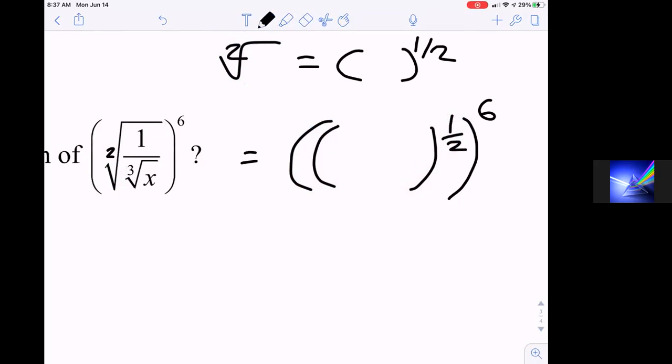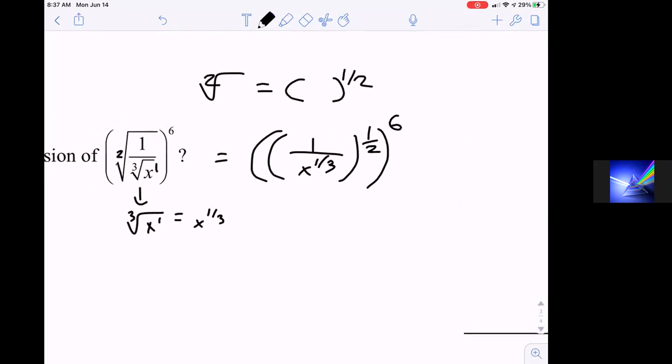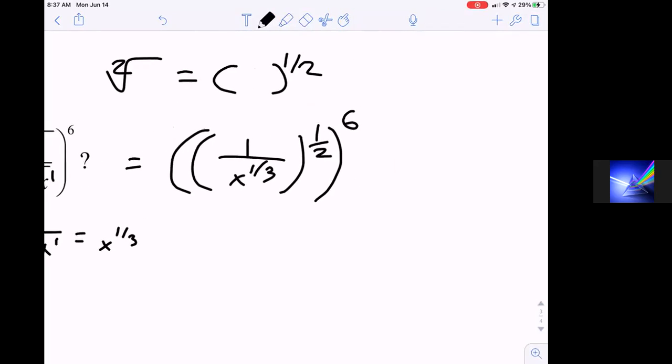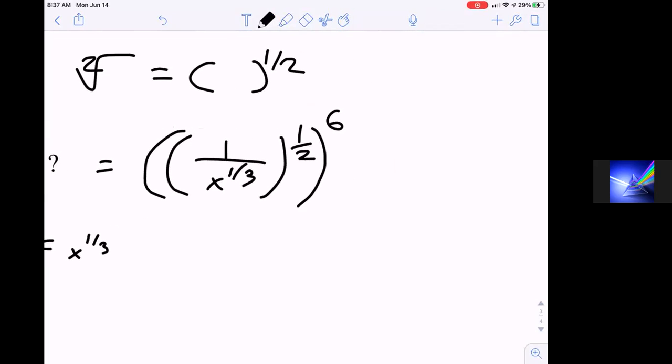Then we've got what's underneath, which would be 1 over, and I should try and rewrite that as well. It's x to the 1/3 power. Remember, the cube root of x to the 1st power is x to the 1/3 power. Okay, now what do we do with this? Then I'm going to take this right here.